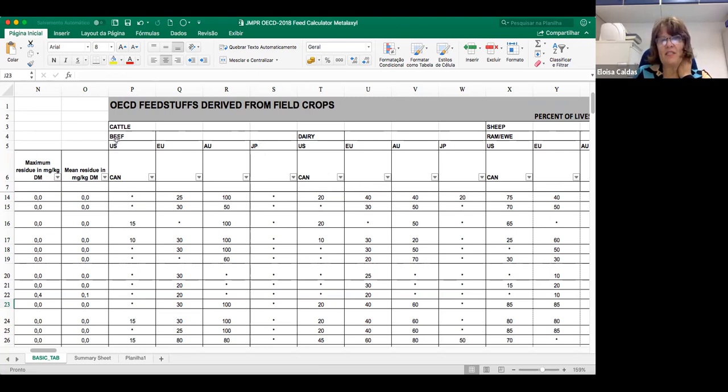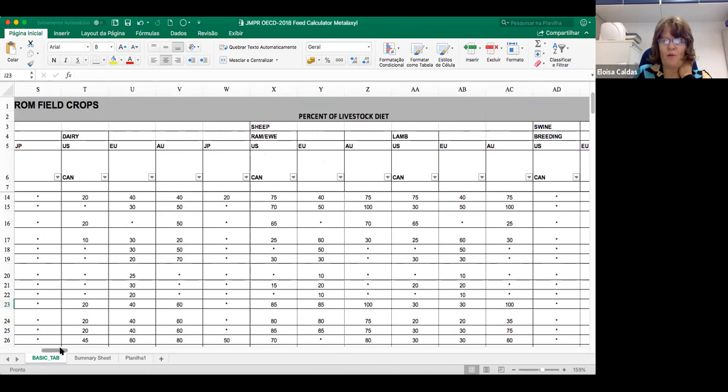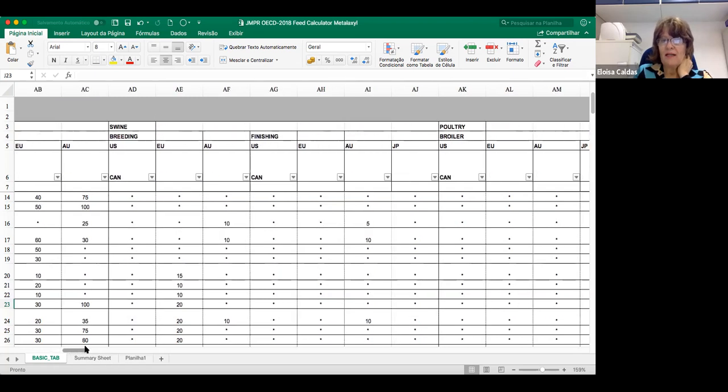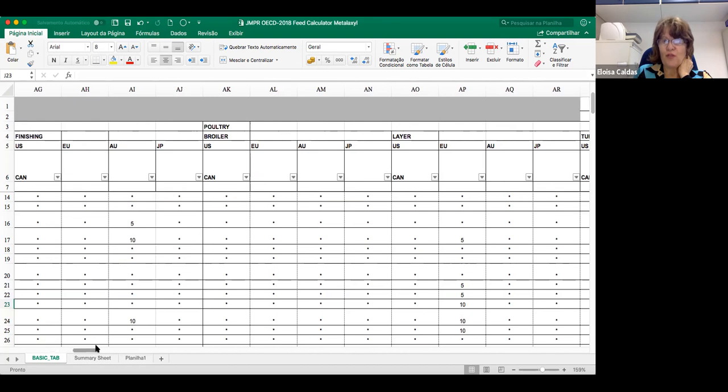And here there is a difference between beef cattle and dairy cattle, cattle for milk production. There is also sheep and lamb, but normally we don't have information for those farm animals. Swine, and then you have poultry, broiler and layer poultry.